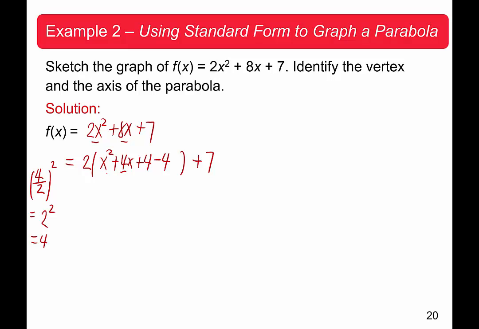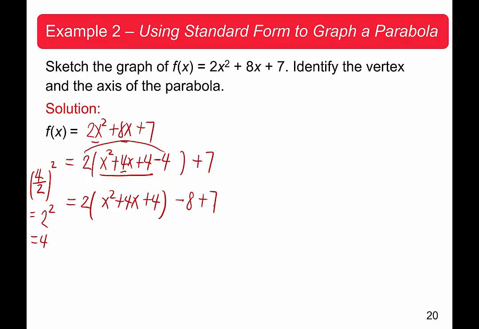So now the first 3 terms is what we call a perfect square. We're going to keep those 3 terms. So we're going to distribute 2 to -4 and then move it outside. So we get 2, and now inside parentheses we get the perfect square x squared plus 4x plus 4. 2 times -4 is -8, so it goes outside.